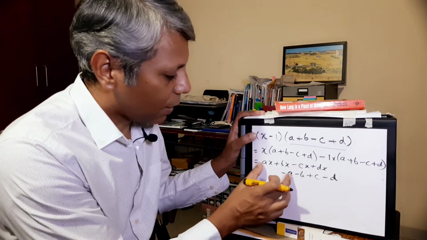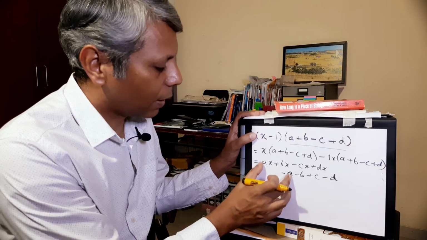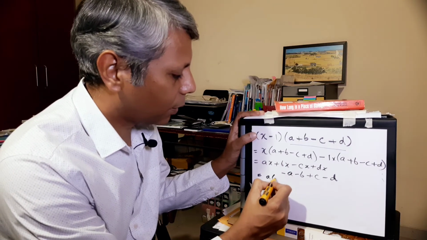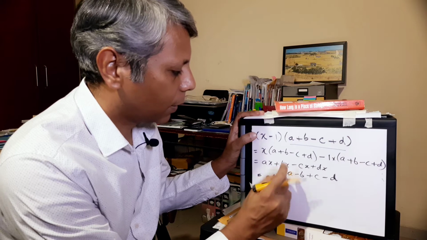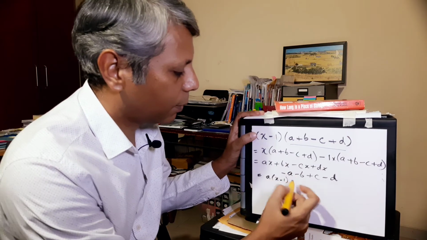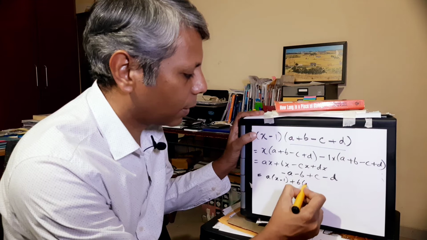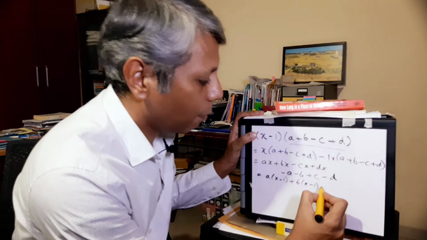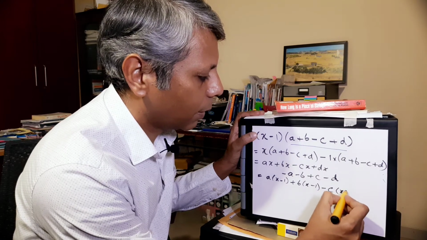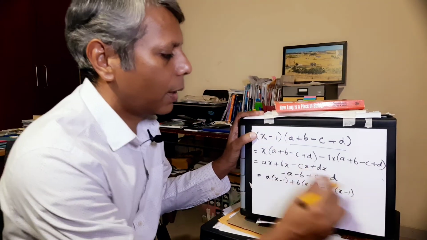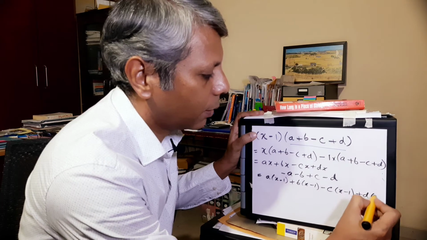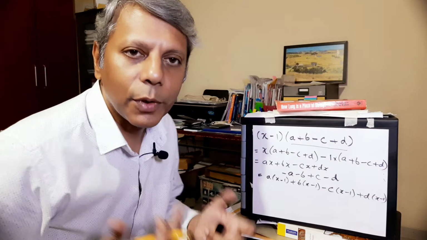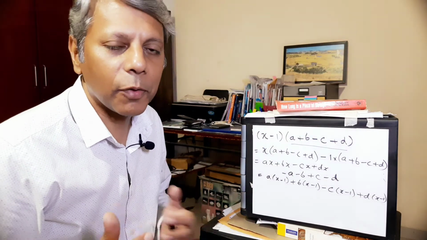But you can take a common factor, and you can write it as a into x minus 1, and taking b, plus b into x minus 1, and minus c into x minus 1, and plus d into x minus 1. This is just for you to see things in a couple of different ways.